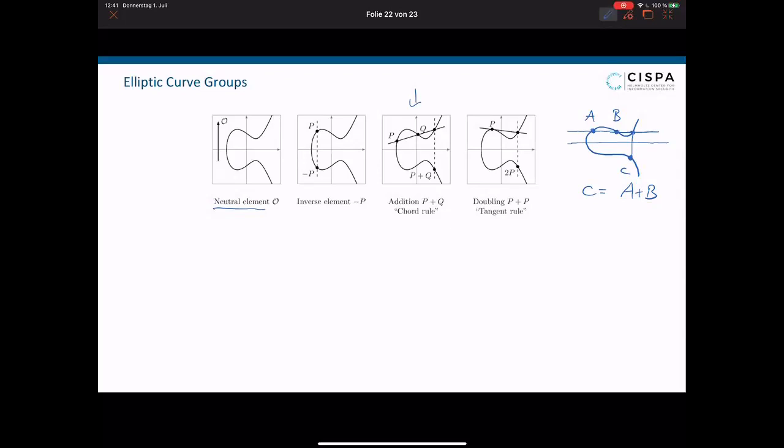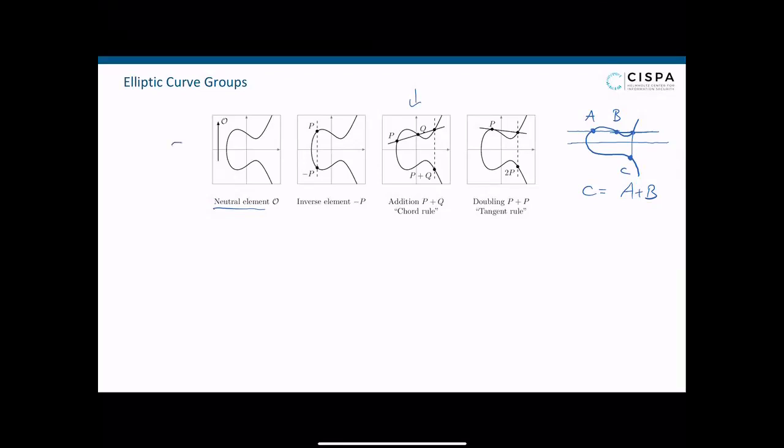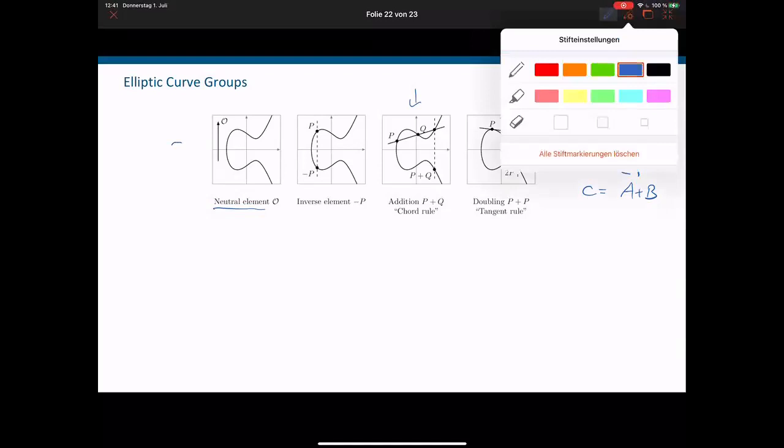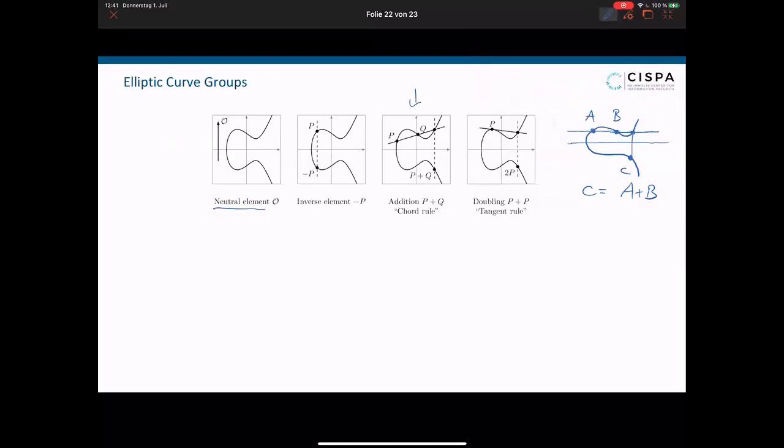But you can think of it basically like this: if you have two points, P and minus P, then the line through them is parallel to the y-axis.